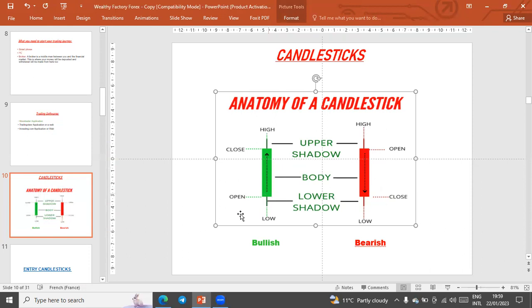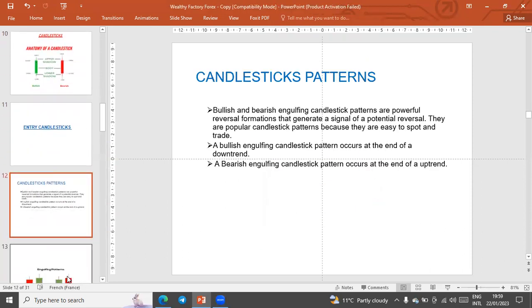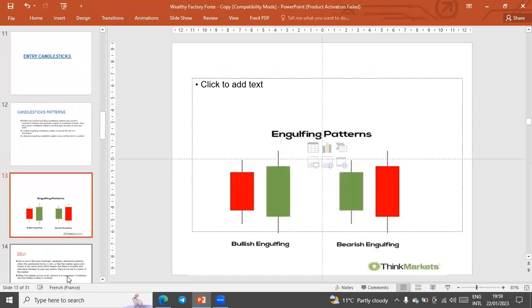Now let's take a look at some of the entry candlesticks. Entry candlesticks are candlesticks that you're going to use to be able to enter a trade. At a certain zone, at a certain level, if you see an engulfing candlestick, we call these engulfing patterns.